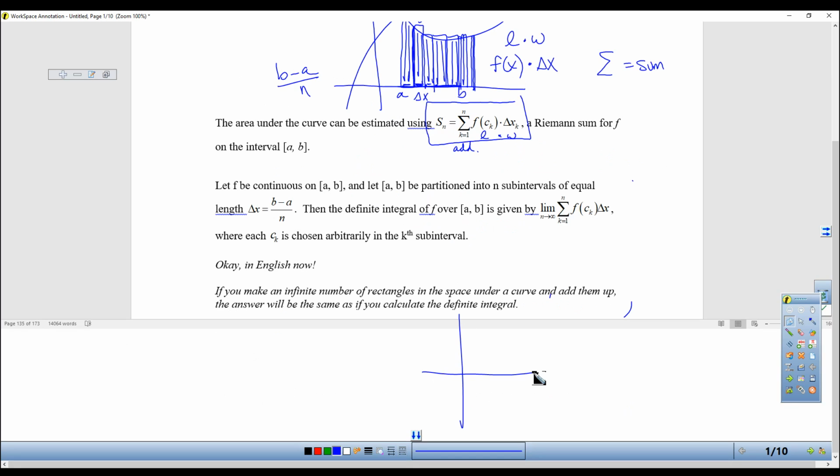When we were doing the area from -1 to 3 of x squared plus 1, we used MRAM and RRAM and LRAM, but instead you can do the integral from -1 to 3 of x squared plus 1, and it'll give you the exact area.